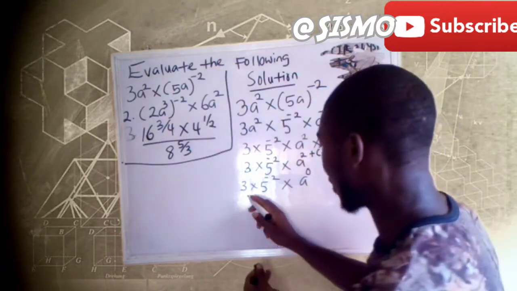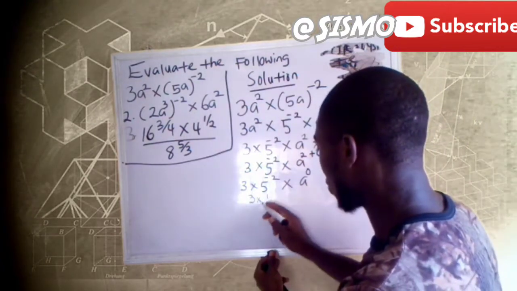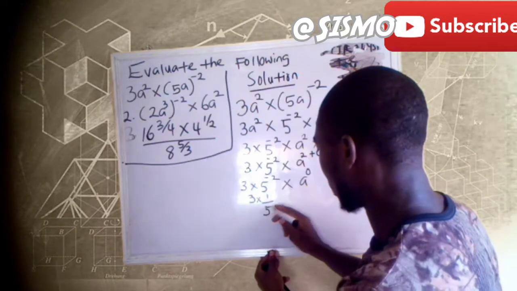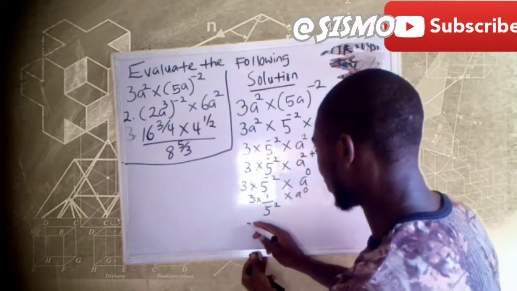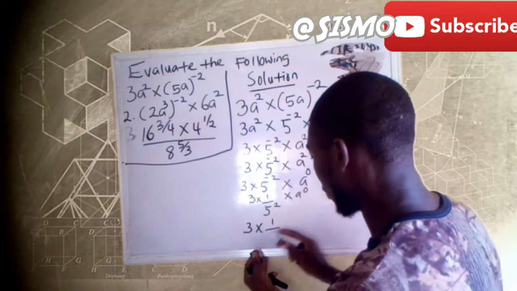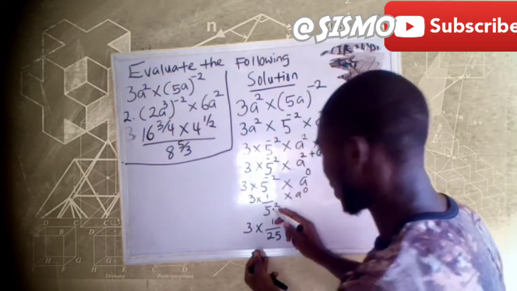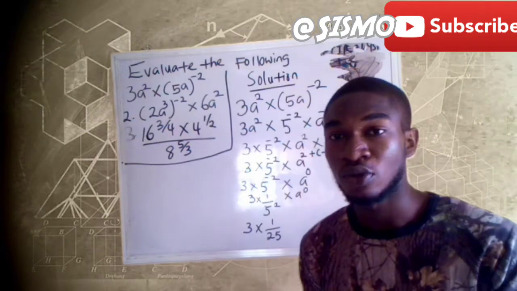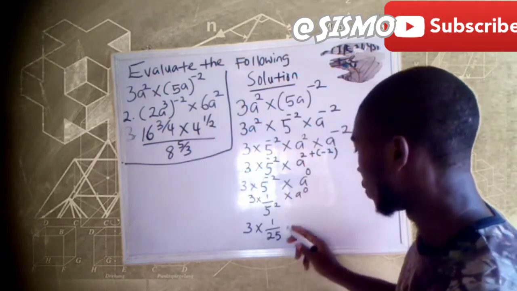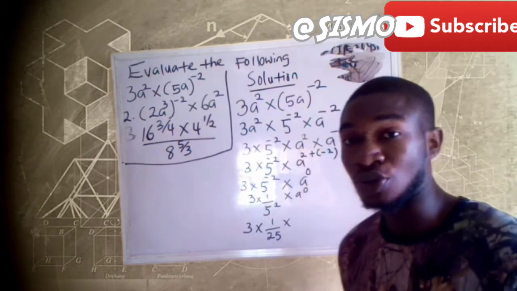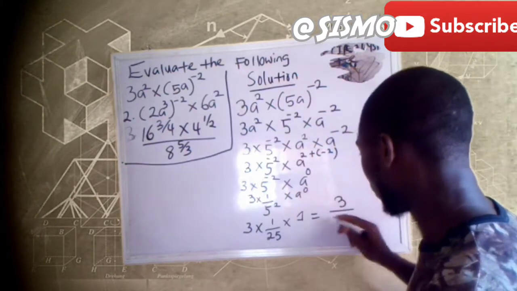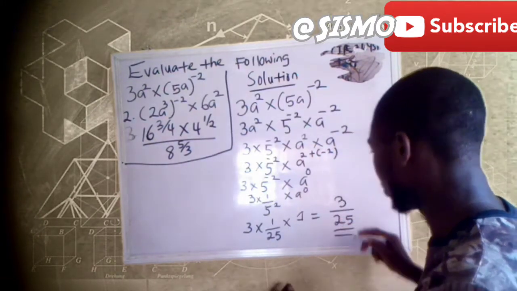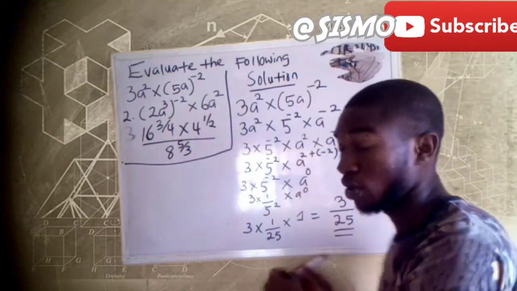So in turn, we now have 3 times 1 over 5 raised to power 2 multiplied by a to the power of 0. So this will now give me 3 times 1 over 25. 5 to the power of 2 is 5 times 5, which is 25. Then multiplied by anything raised to power 0 is 1. So finally we'll have 3 all over 25, because 3 times 1 is 3.